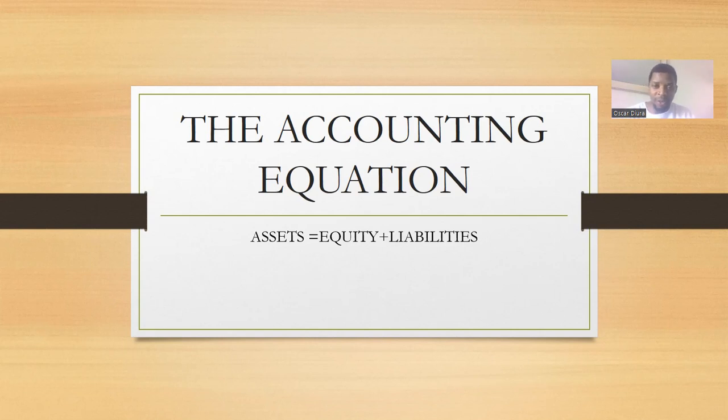You can invest some money that you have saved yourself, or you can start a business together with the help of some of your friends. So you put resources together, and that forms your equity.